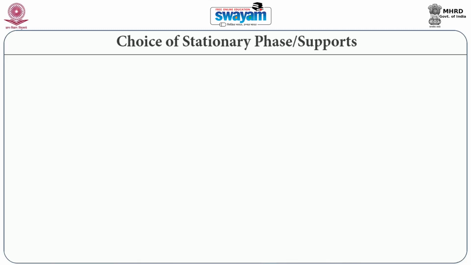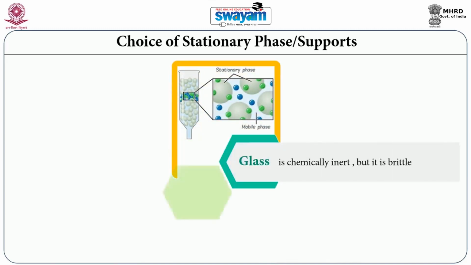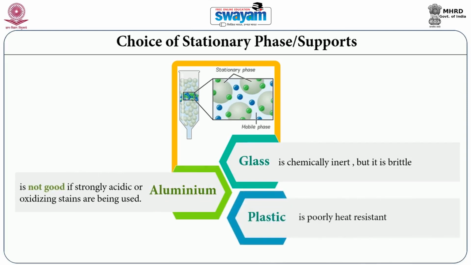So the commonly used backing, on which the stationary phase is layered, is often either glass, aluminium or plastic, and each of these backing materials has its advantages and disadvantages. Glass, for example, is chemically inert, but it is brittle. Aluminium is not very good if stains that are strongly acidic or oxidizing are being used for development.